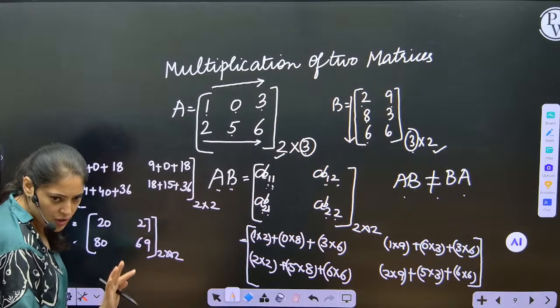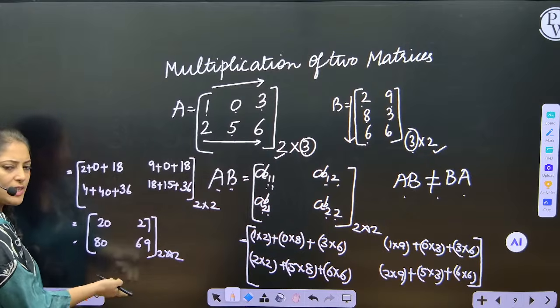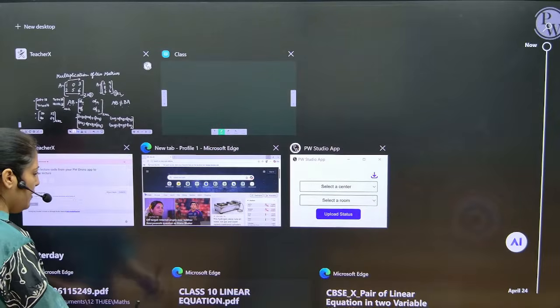First, the order is also not the same. Second thing, elements are also not the same.